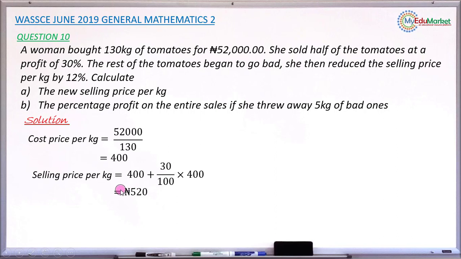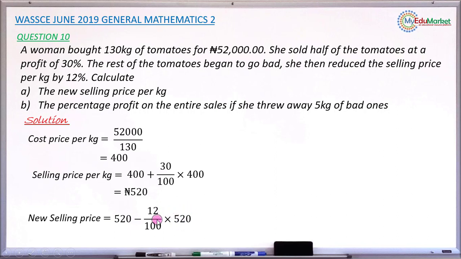So the new selling price is what we will find next. There is a discount or reduction of 12% because some of the tomatoes begin to go bad. So it's a 12% reduction on this selling price, 520. The new selling price will be the original selling price minus 12% of the original selling price.